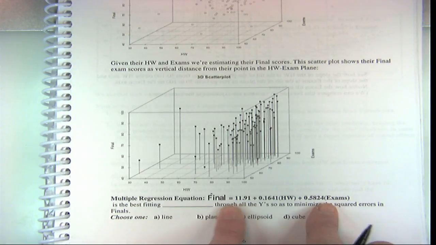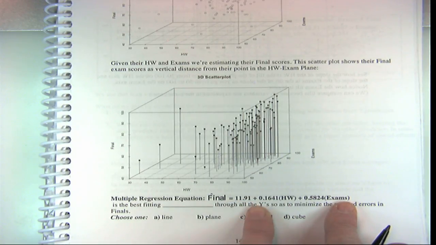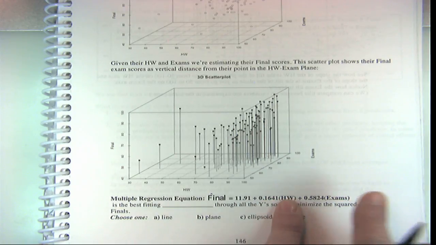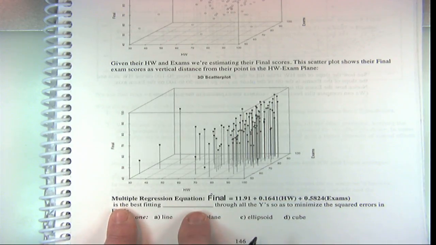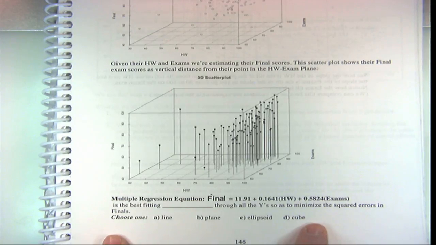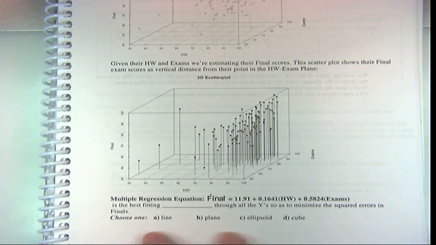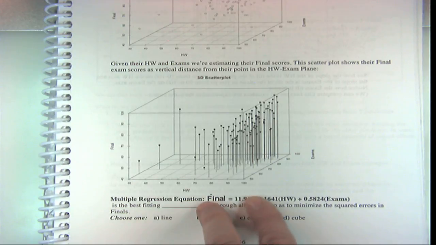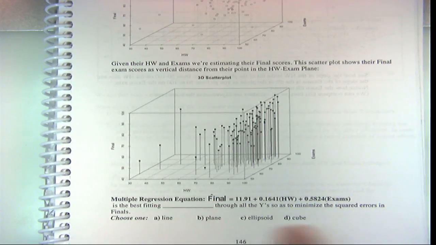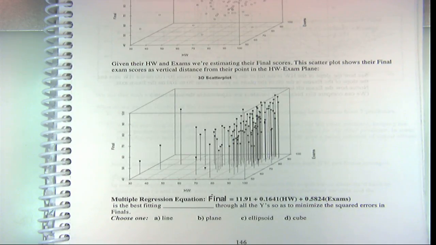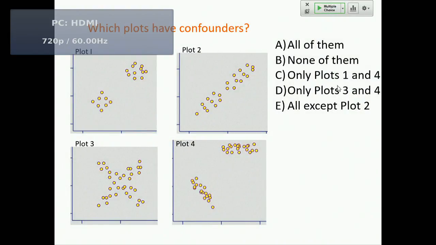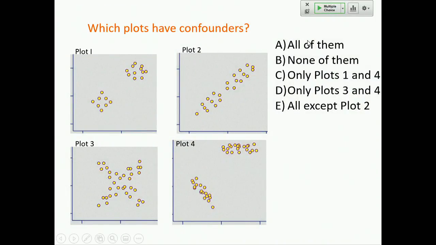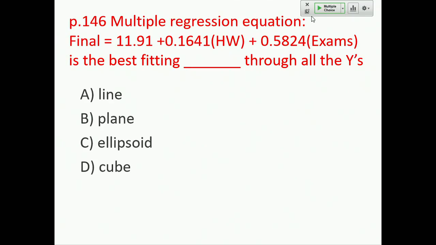So it has y is equal to some intercept plus x1 plus x2. It's the best fitting what? Let's do this as an iClicker right now. So choose between, what do you think this is? This is the equation of what? Do you think it's a line, plane, ellipsoid, cube, what? This equation right here. Let's start this.